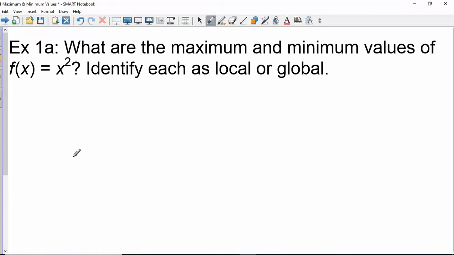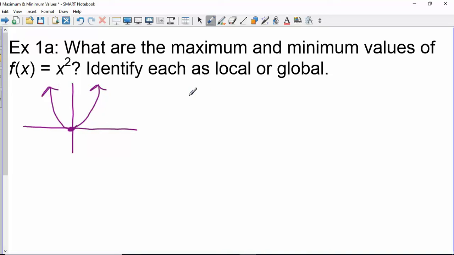So let's look at another example. I want the maximum and minimum values of f of x equals x squared. Identify each as local or global. What does x squared look like? Just your parabola, isn't it?